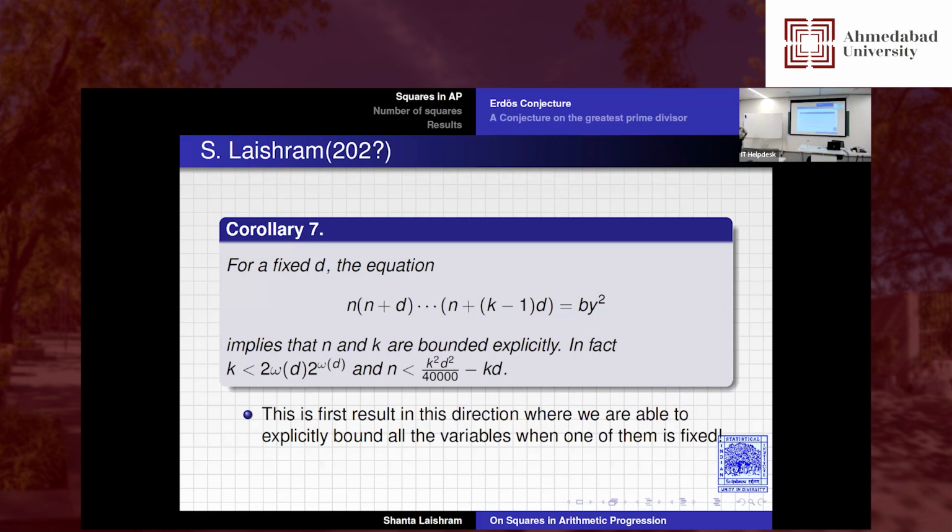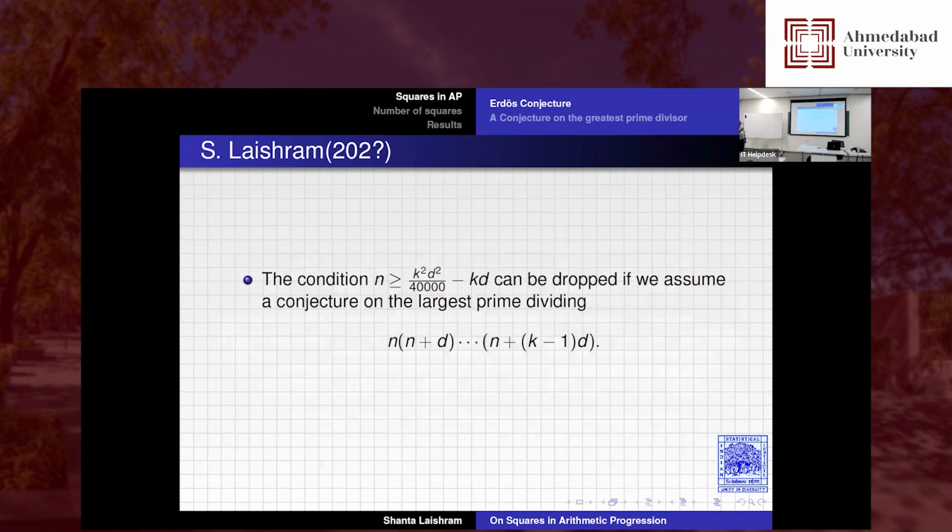It will give a different result. And for d, I know that up to 10 power 10 there are no solutions. Now this is already beyond 10 power 10. So this is the result in this direction.